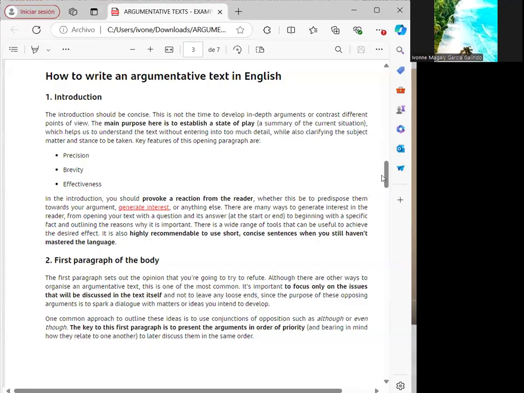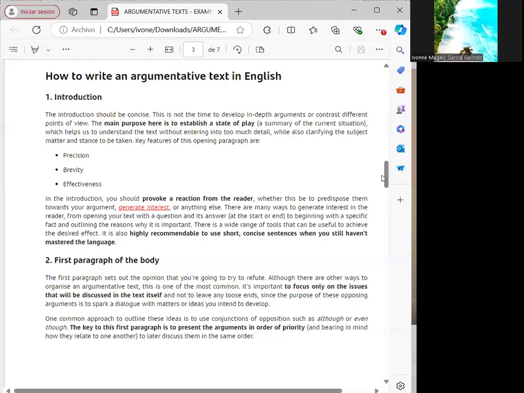Key features of this opening paragraph are precision, brevity, effectiveness. In the introduction, you should provoke a reaction from the reader, whether this be to predispose them towards your argument, generate interest, or anything else.